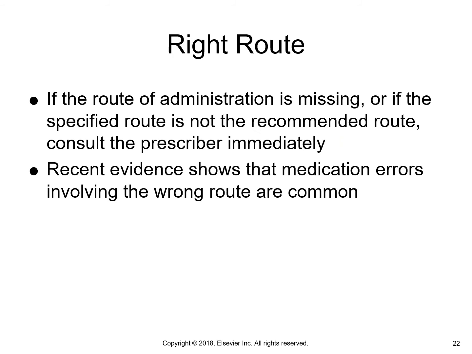Okay, right route. We will talk a lot about different routes. In your book again, which is your Perry and Potter book, routes of administration are on table 20.4, page 506, and we have non-parenteral and parenteral, and those have a lot of subheadings underneath them. But if it says injectable, I can't give it by mouth, right?